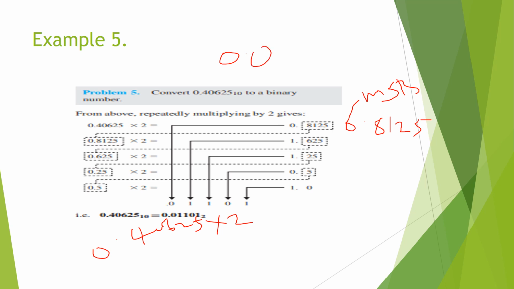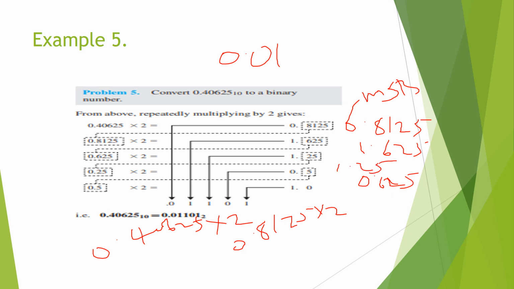Then again we take 0.8125, we multiply by 2, and in this case we get 1.625. We take our whole part, which is 1, and then we multiply 0.625 by 2 again, we get 1.25.